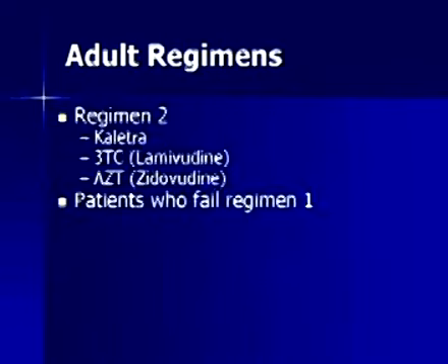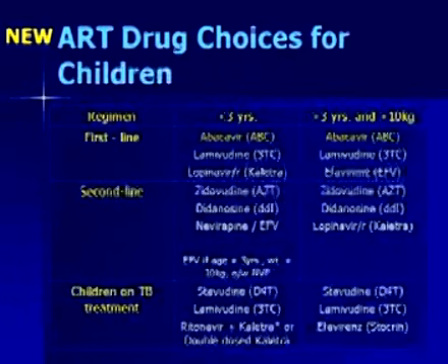Okay. Regimen 2 for adults is Kaletra or Aluvia now. Most people know it by Aluvia. 3-TC and AZT. And so that's for patients who fail regimen 1. For children, the new regimens are abacavir, changing again for the D4T. Okay.